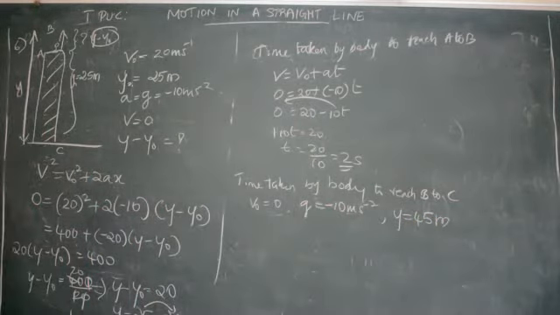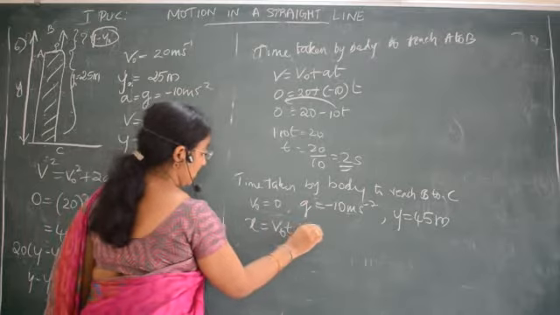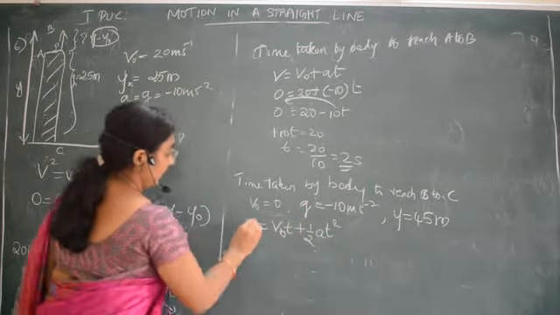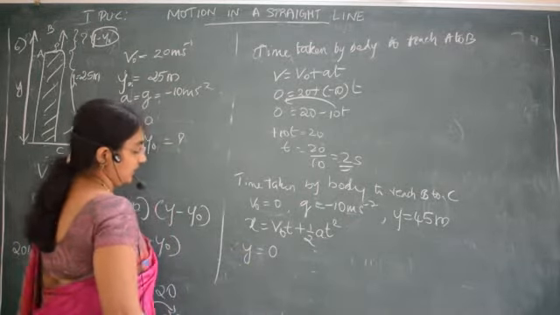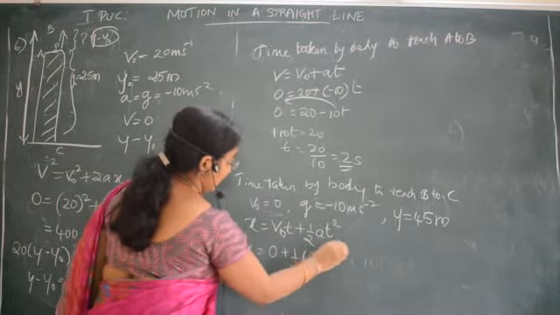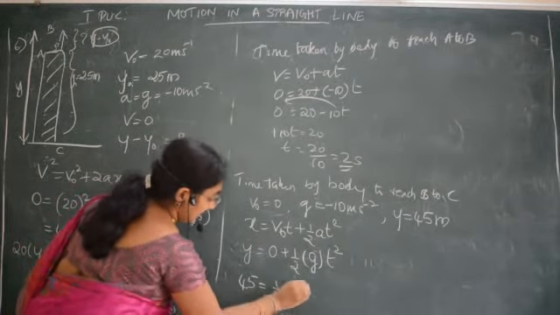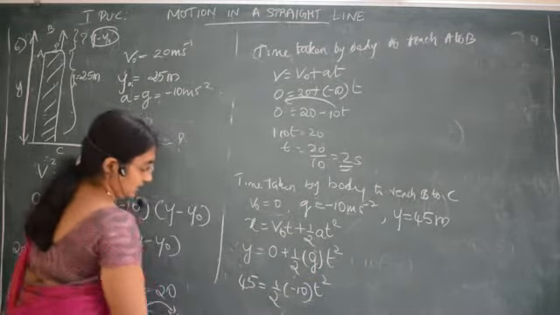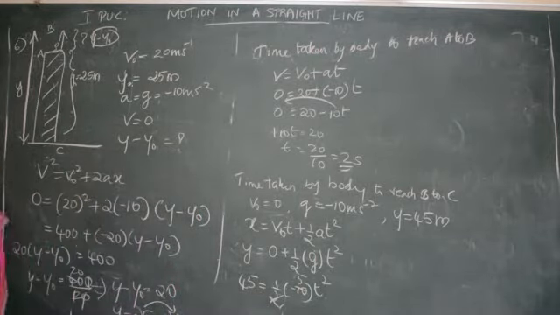Which formula can we use? x is equal to v0 t plus half a t squared, where x here is y. So y is equal to 0 into t, which is 0, plus half g t squared.